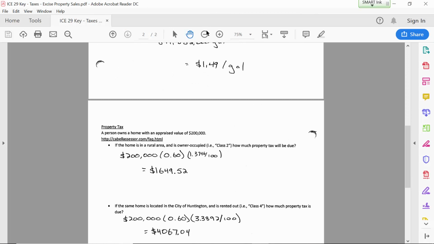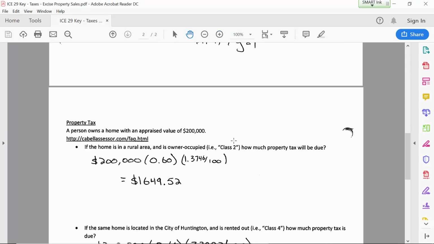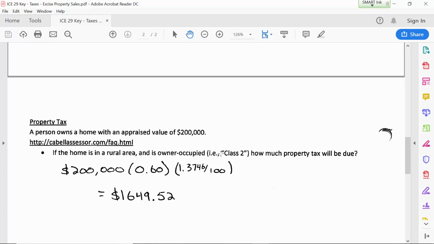Okay, so if you have a $200,000 house in a rural area, then you multiply that 200,000 by 0.6, and it turns into 120,000 as the assessed value, because the appraised is the 200,000. So the assessed value is 60% of that, and then you multiply it by 1.3746 out of 100. So you're going to have an annual property tax of $1649.52.